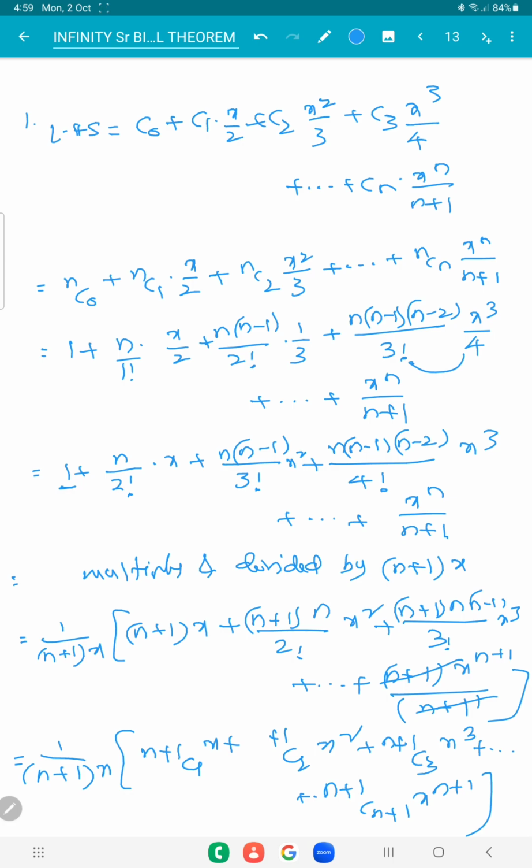Once observe that the expansion of this one. So it is 1 plus x whole power n is nc0 plus nc1 x plus nc2 x square plus nc3 x cube. Last term is ncn x power n.